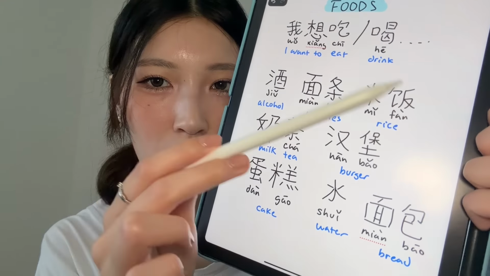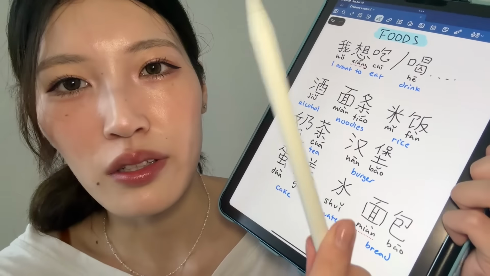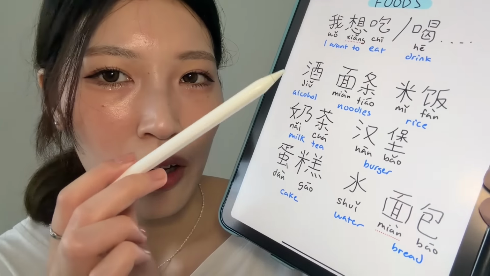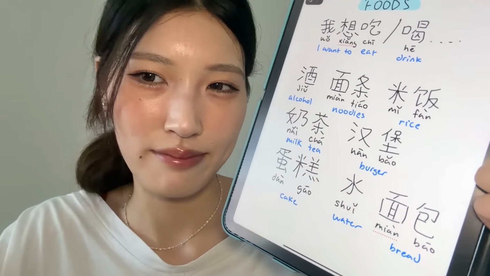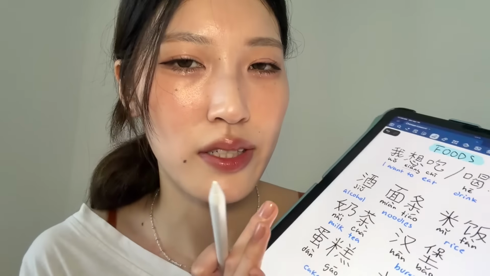Nice. Okay, good job. For me personally, I love noodles, so I would just say 我想吃面条. And now drink, so 我想喝. Which one do you want to drink? Nice choice. That's a valid choice.